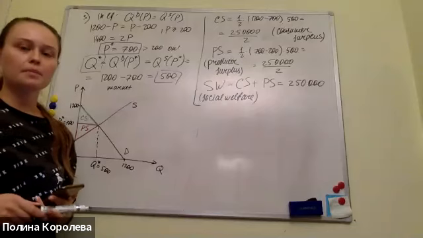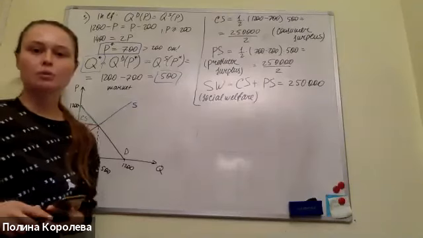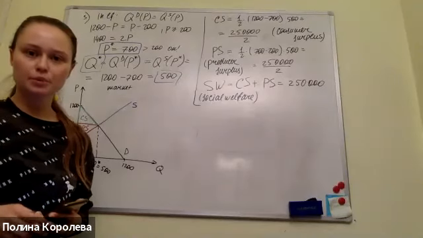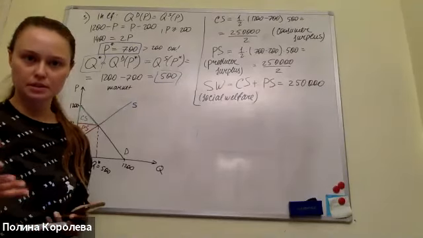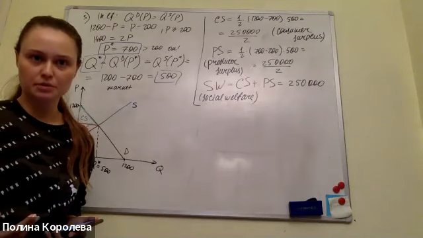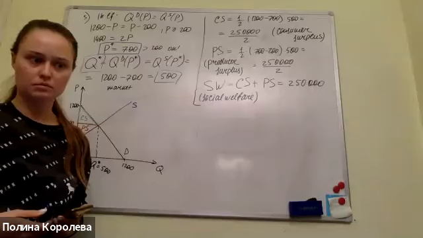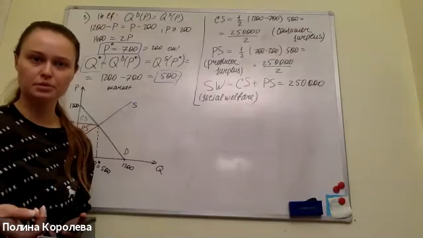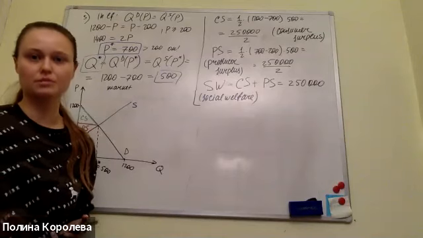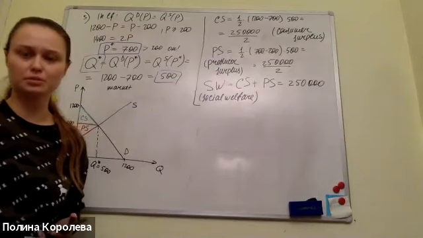What does wins mean? They have surplus. When the government imposes a tax, the tax revenue of the government is the surplus of the government. So if the government imposes a tax, there will be consumer surplus plus producer surplus plus tax revenue. It's the welfare, the surplus. Okay, got it.